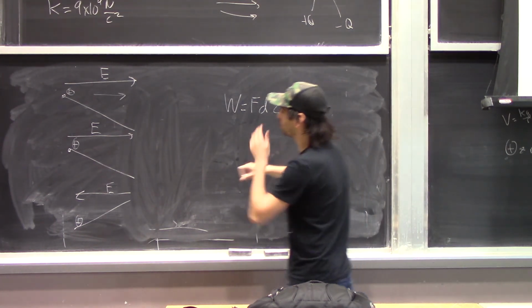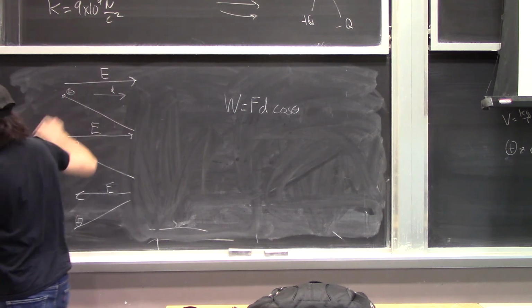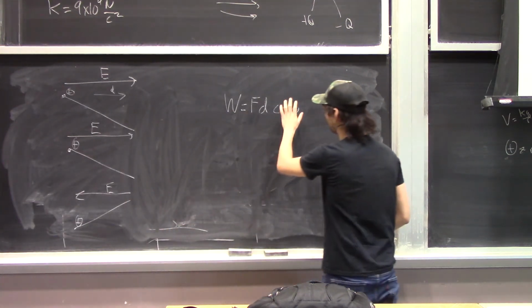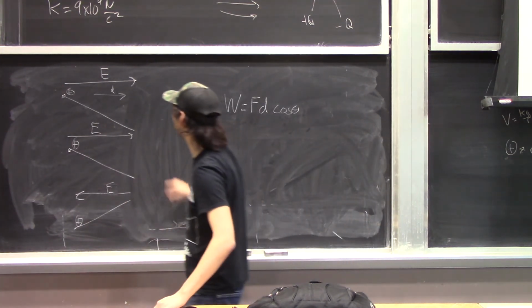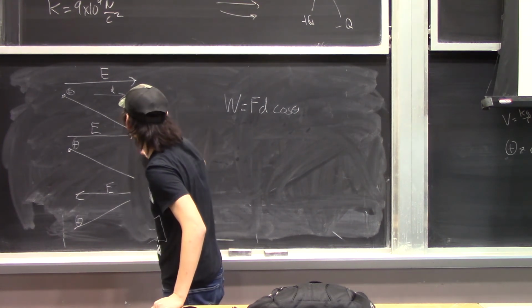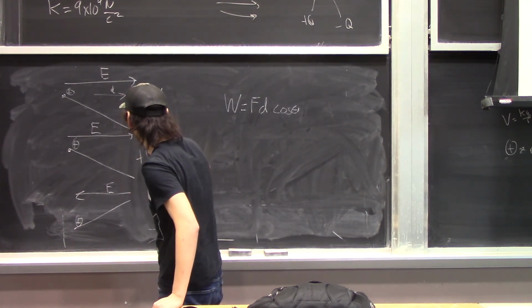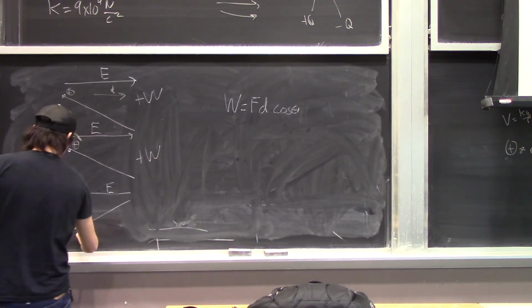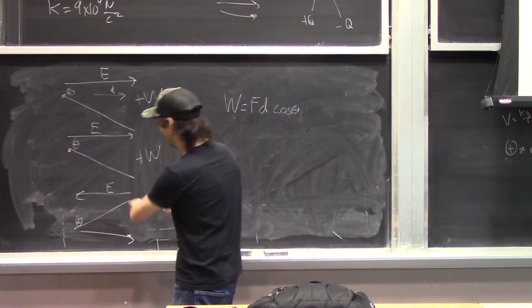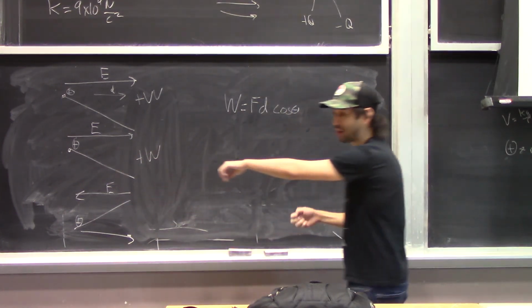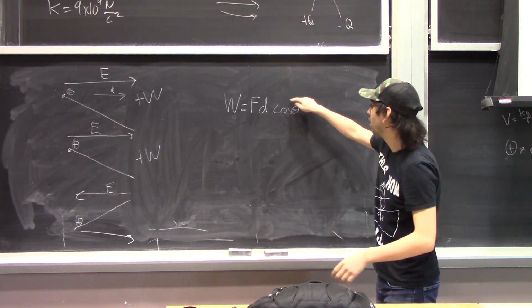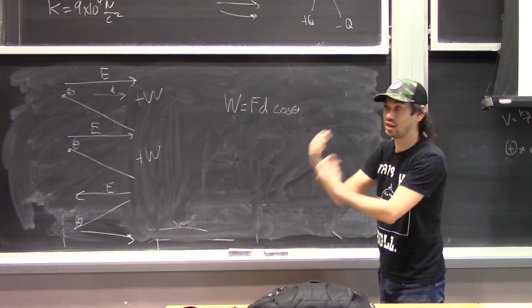So what's the angle between this distance and the electric field? 0, right? So cosine of 0 is 1. So this gives me a positive work. So this one is positive, this one's positive, and they're the same. This one, the direction that I'm moving is still to the right, but my electric field is pointing the opposite direction. So are these parallel or anti-parallel? They're anti-parallel, right? So the angle I want is 180 degrees.